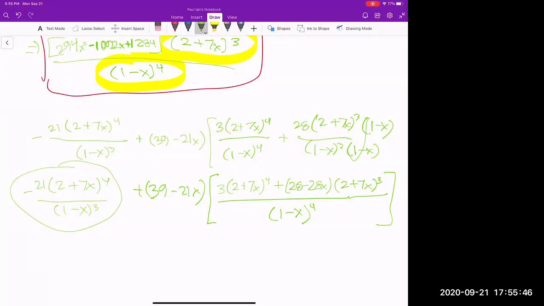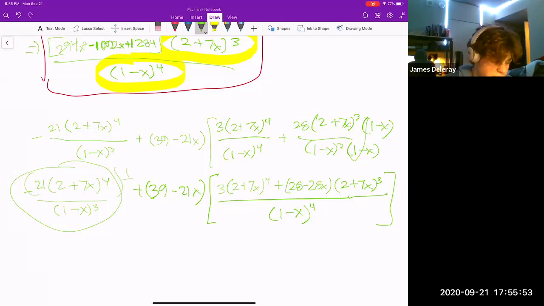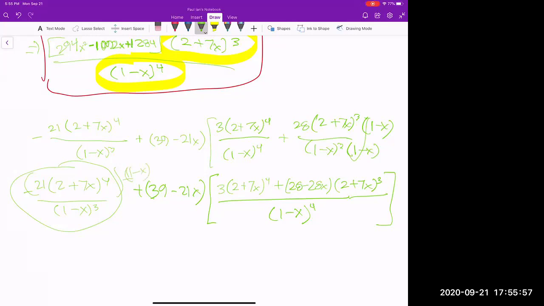So you have this top part times 1 minus x. Parentheses 1 minus x, yeah. Of course, because you need to combine them with this other guy.